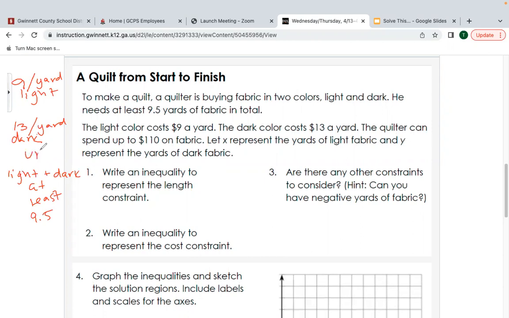So up to 110. Let X represent light and Y represent dark. Now we're going to write an inequality to represent the length constraint.